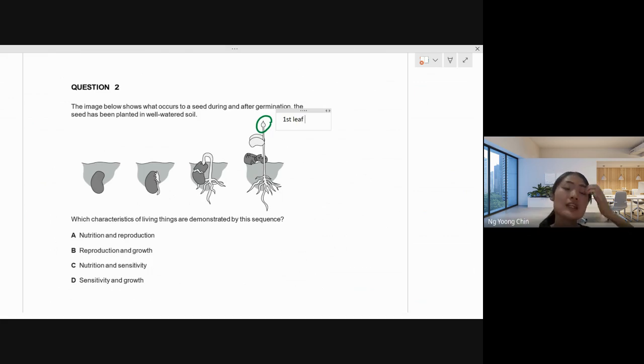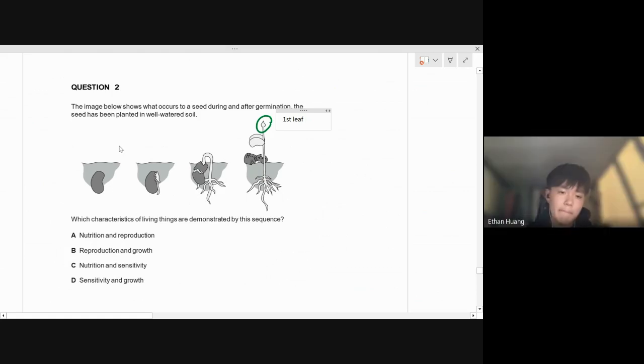Which characteristics of living things are demonstrated by this sequence? Is it nutrition and reproduction, or reproduction and growth, or nutrition and sensitivity, or sensitivity and growth? Who wants to have a guess? Ethan and Suya. Is it D?